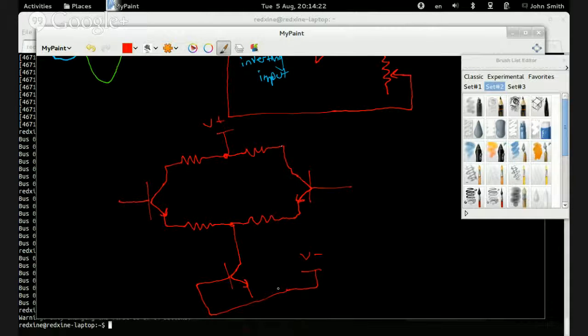And then we'd end up with, okay, this is messy, but this is basically it. Out. And this will be the non-inverting input, this will be the inverting input, and a positive and a negative voltage source.